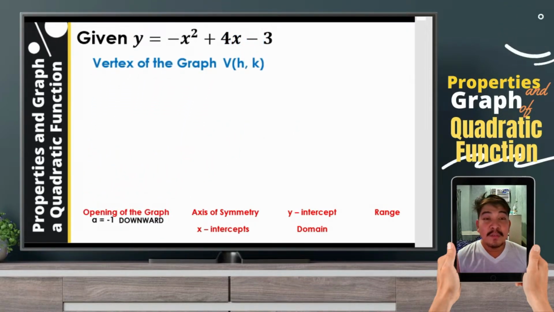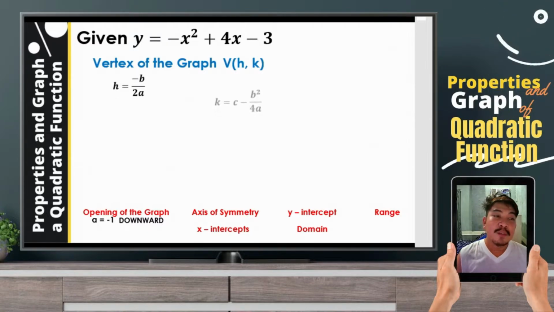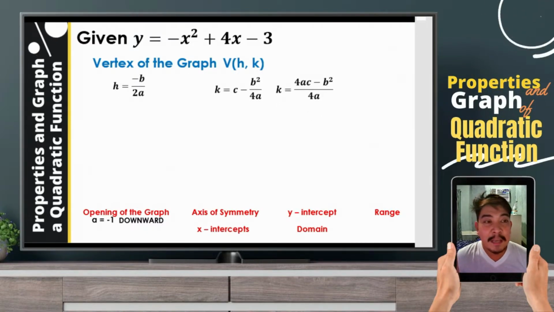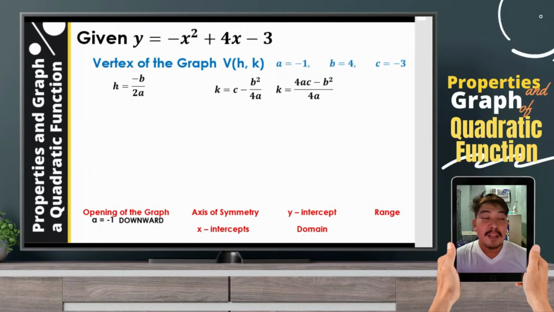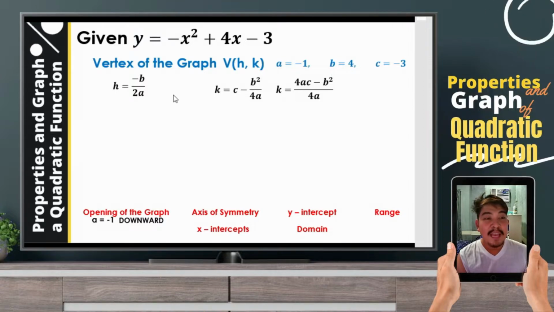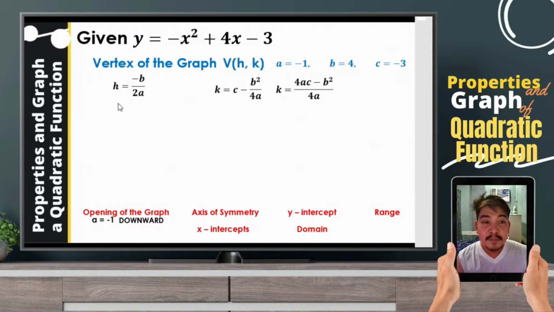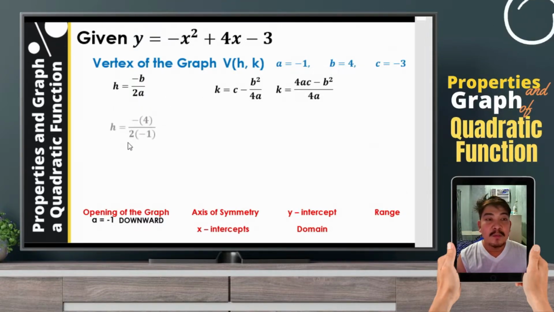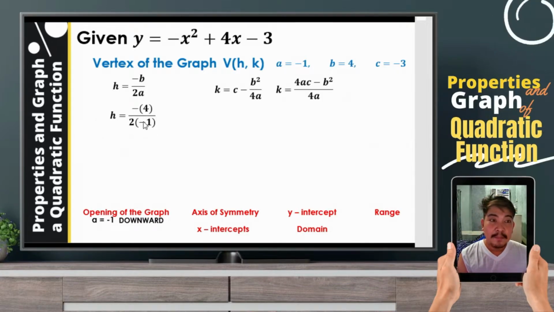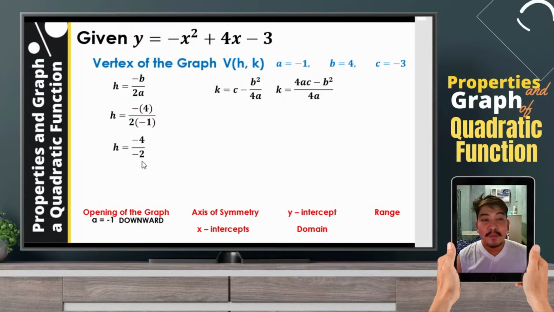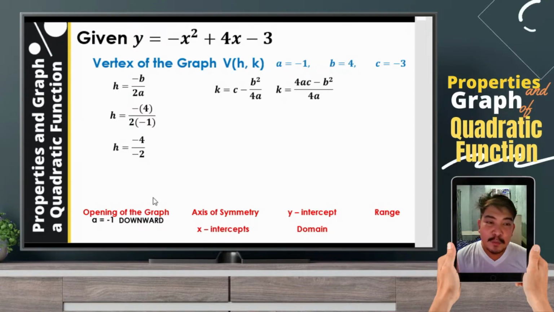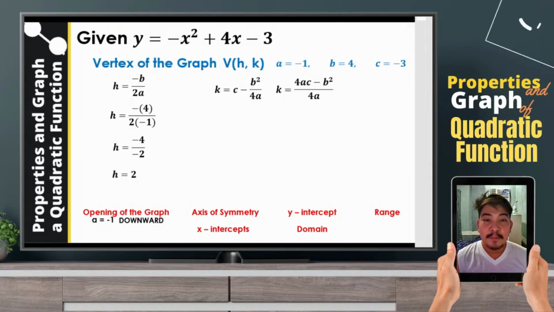So let us now go with the vertex of the graph. Using again the formulas for h and k, and determining the values of a, b, and c, let us substitute the values of a and b into the formula -b over 2a. So we now have -4 over 2 times -1, which is -4 over -2. -4 divided by -2 gives us +2.